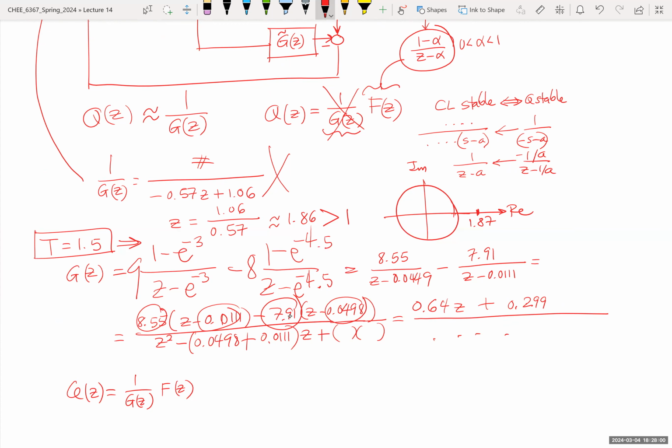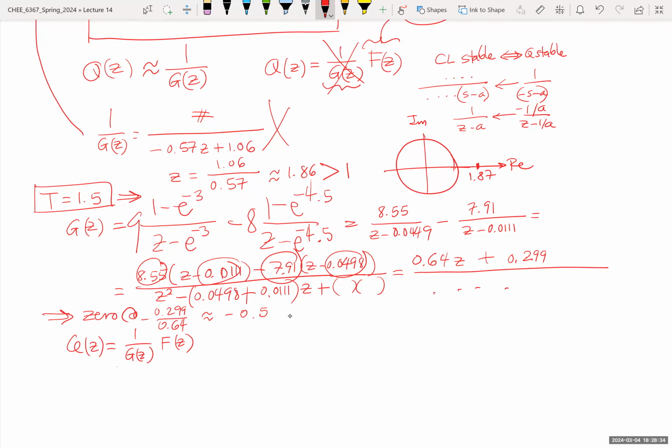Okay, which means the 0 now in the numerator is at what point? It's at 0.299 divided by 0.64, which is about minus 0.5, right? Yeah.